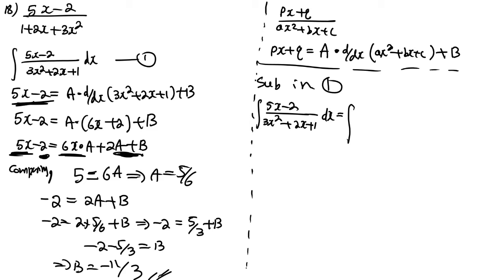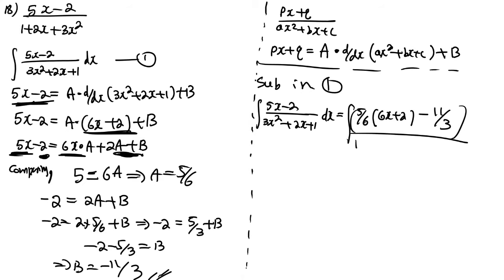You write 5x minus 2 equal to a value, which is 5 by 6, into d by dx of this term, which is 6x plus 2, plus b value, which is equal to minus 11 by 3, into dx, divided by 3x square plus 2x plus 1 into dx.